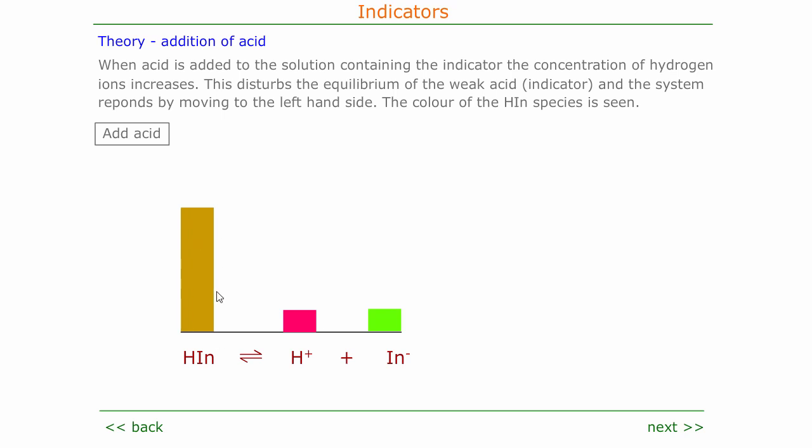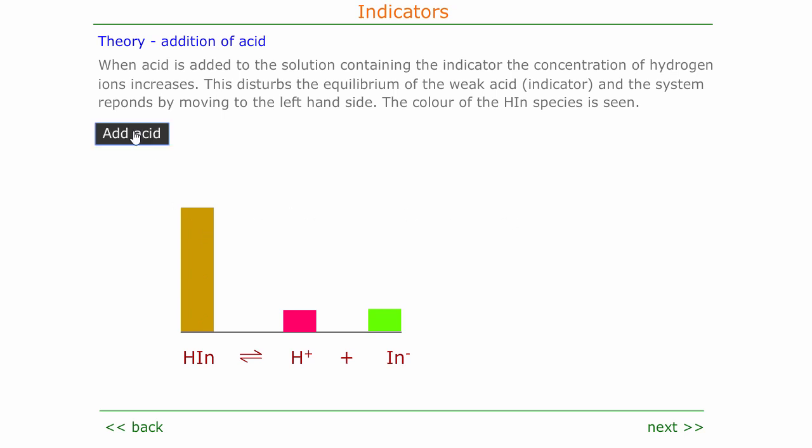So here we can see that I've put a large bar representing the number of moles of HIn in the solution, or the concentration if you like. There will be a small amount of H plus ions as well because there's some dissociation, and there'll also be a small amount of In minus ions. So the colour we would see at the moment is predominantly the HIn molecules' colour.